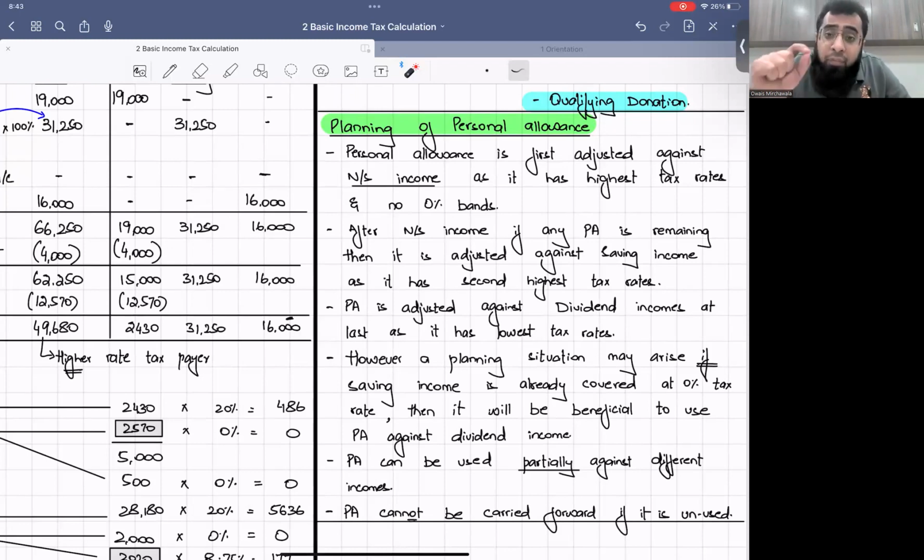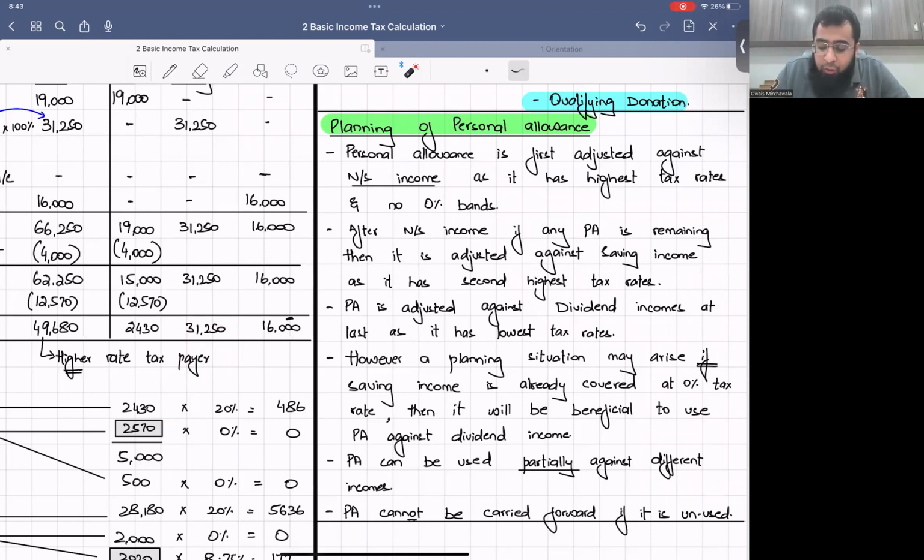Then, if some portion of your saving income is already covered in 0%, then don't waste your allowance against that. For example, here, your non-saving was 2,430, in saving 2,570, and 500 was already covered at 0%. Just take an example: if your saving income would be 3,000 here, you will not waste your allowance because that is already covered in 0%. Then it's better to use some amount and then go for dividend.